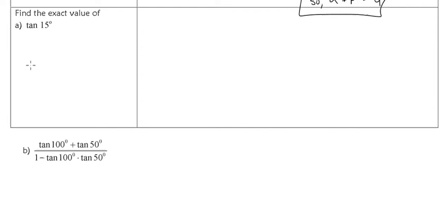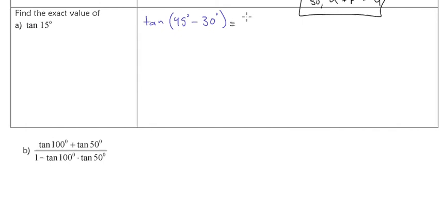So the tangent of 15 degrees, well, how can we rewrite that in something that we do know? We know the tangent of 45 degrees, and we know the tangent of 30 degrees. So we'll set this up as the tangent of 45 degrees minus 30, the difference there. And now we'll work our way through the formula we learned.